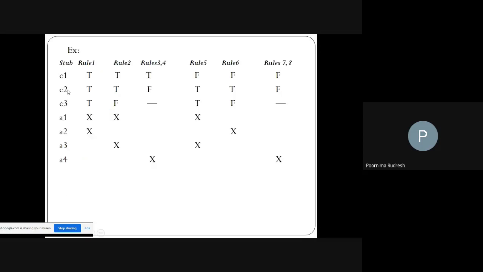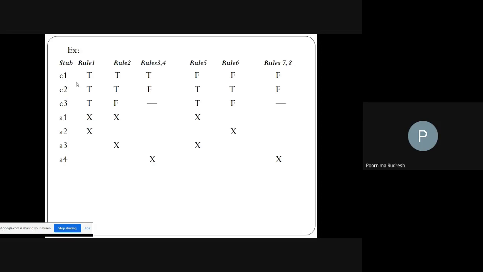Below the stub part we have the conditions as well as the actions. Conditions represent whether they are true or false. Based on the true or false conditions, we get the actions. Actions here are also called the outputs.